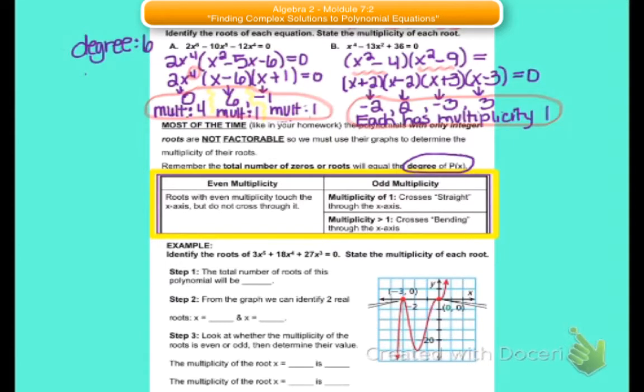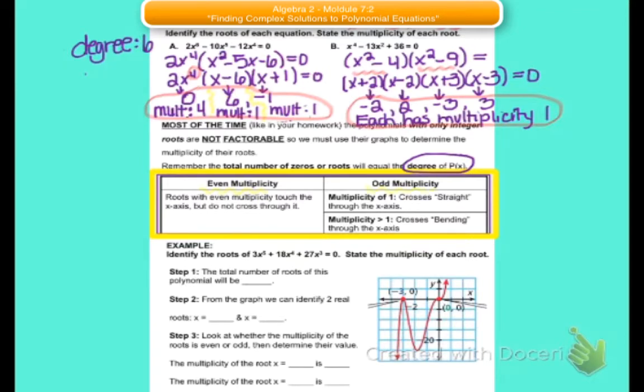So we have multiplicity that we've seen so far. We've seen some had multiplicity 1, some 4, we saw some 2s and 3s on the other side. And so we could actually break down multiplicity into two categories. One being even multiplicity, and then the other being odd multiplicity.